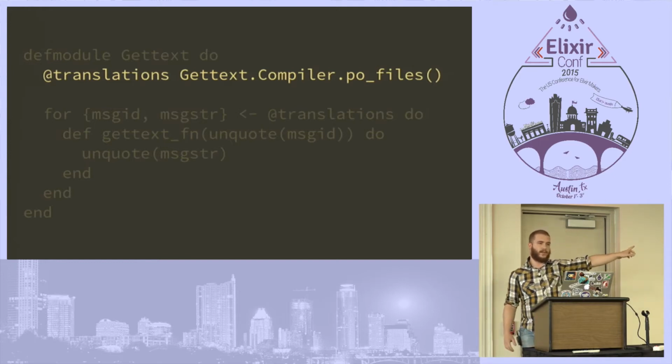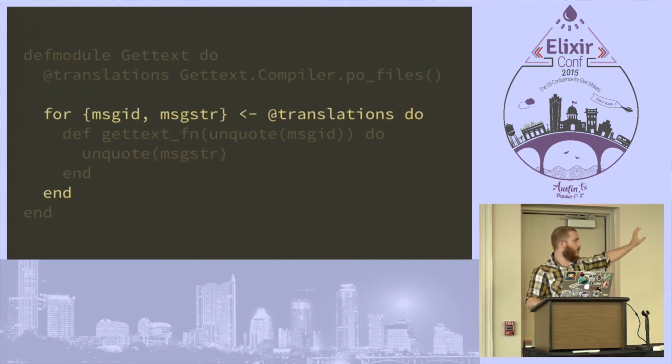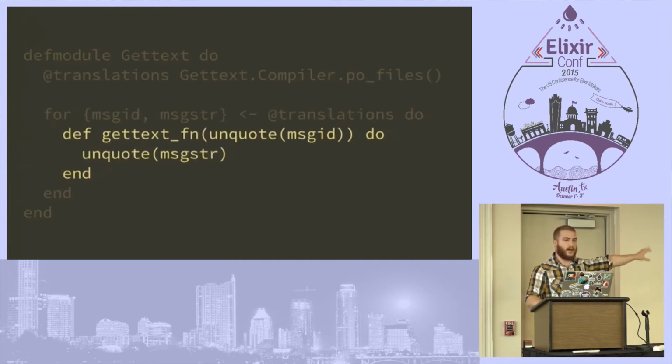Module attributes are evaluated at compile time. So we read files at compile time, and we get something like a list of message ID, message string tuples. Then we go over the list, and we define a function clause for each translation, which basically maps message ID to message string, right? So translation ID to actual translation. And this is maybe analogous to something like a map lookup.